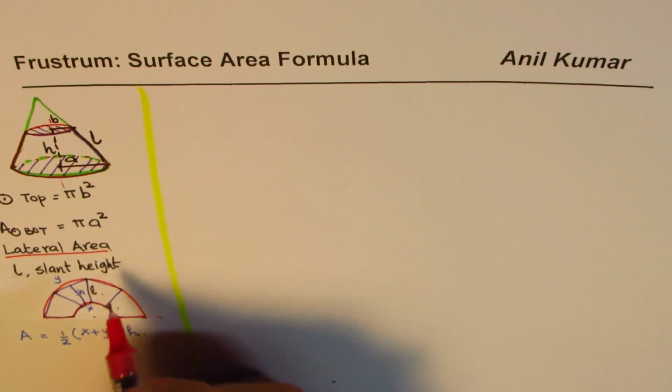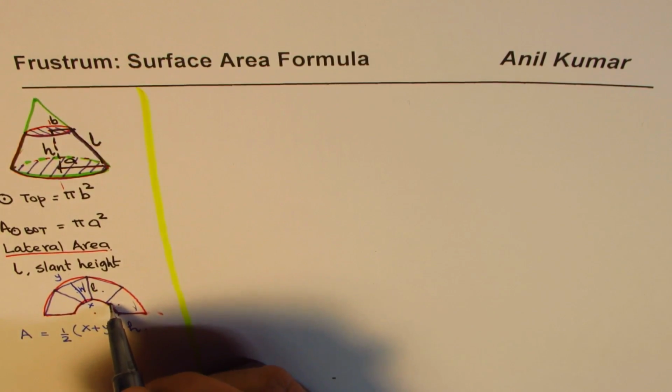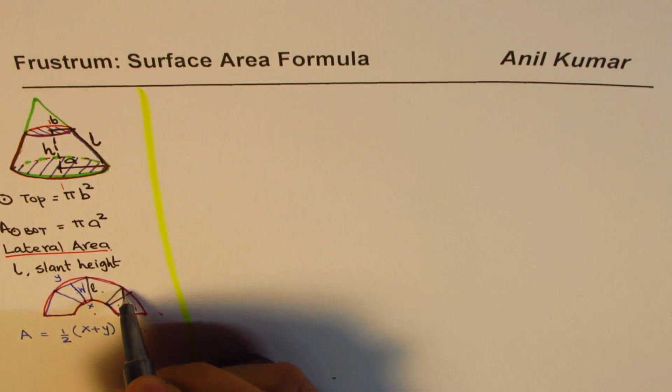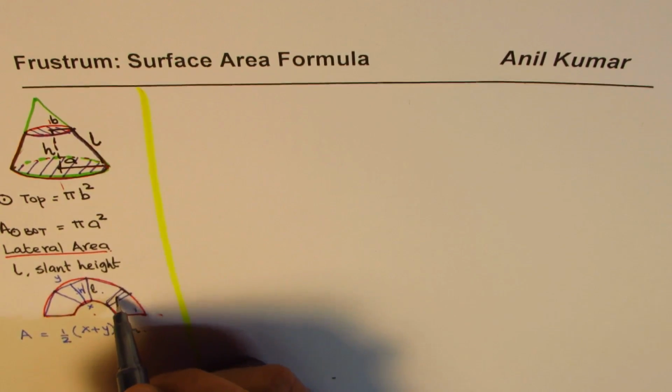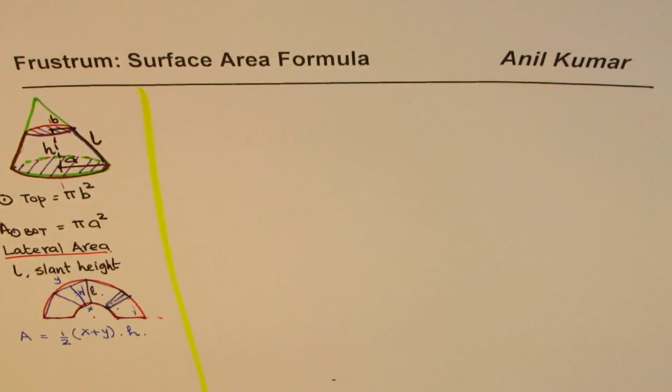If I make many trapezoids inside, my height will approach L. Instead of 4, if I have 40, imagine that. So I'll have very small trapezoids. Let me make one here, like this. Do you see that small one? Now in this case, my height will be very close to the slant height. Do you see that? That's the whole idea.